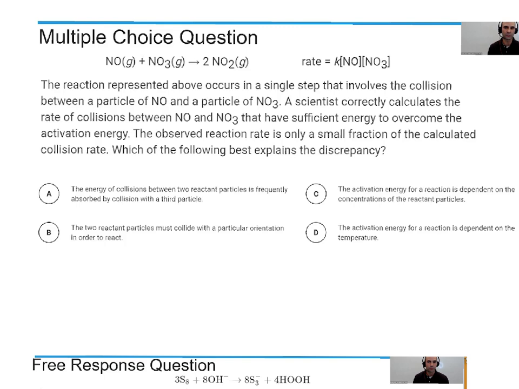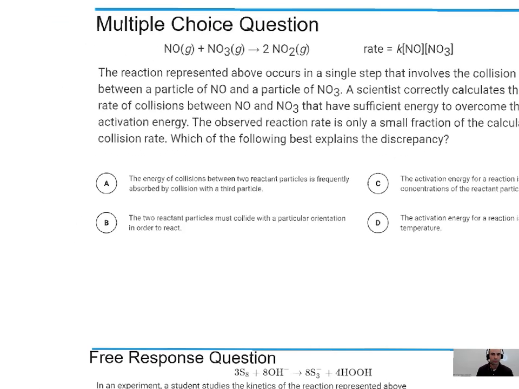So he correctly calculated the rate in terms of having enough activation energy, but he forgot to take out the collisions that weren't in the right orientation. And so our letter choice here would be B.